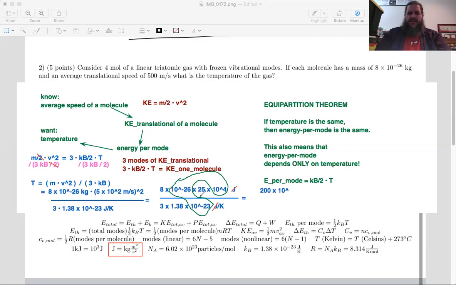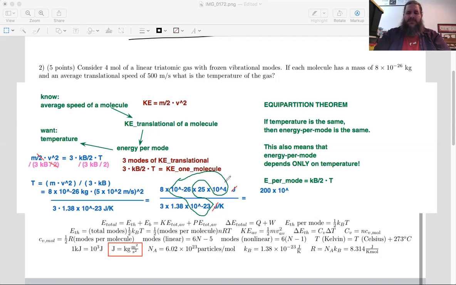Yeah, you can add the exponents. So we've got negative 26 plus 4, that's negative 22. We're also dividing by 10 to the negative 23. What happens when you're dividing by an exponential? Right, we just subtract. So the overall exponent is going to be negative 26 plus 4 minus negative 23.